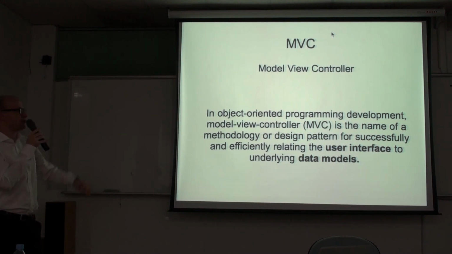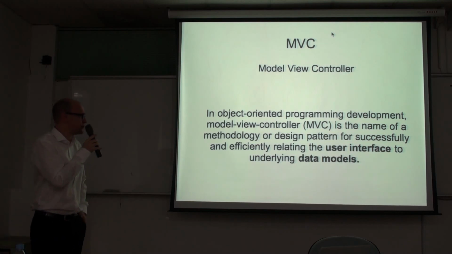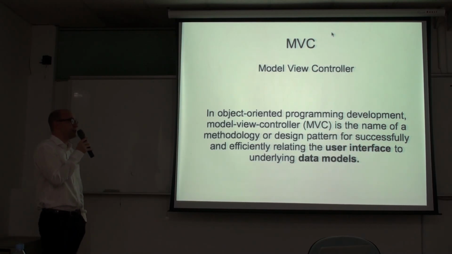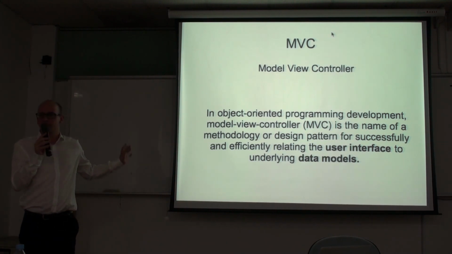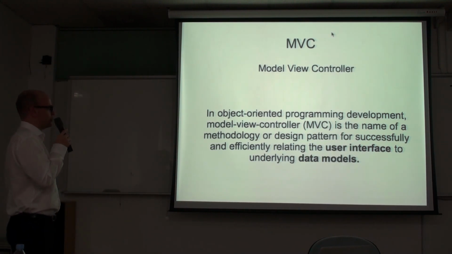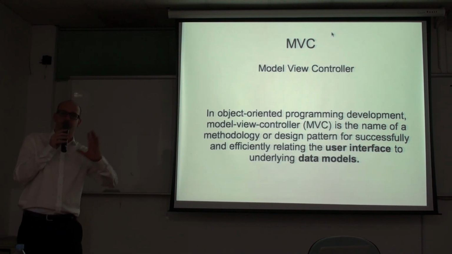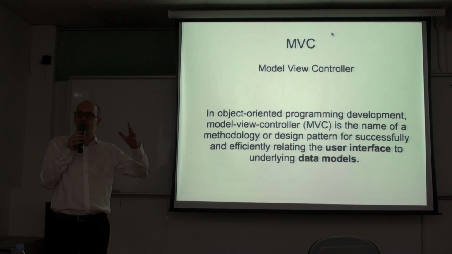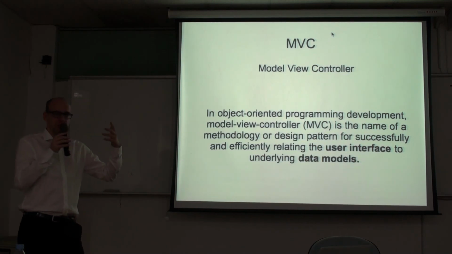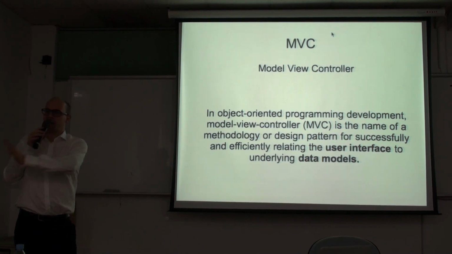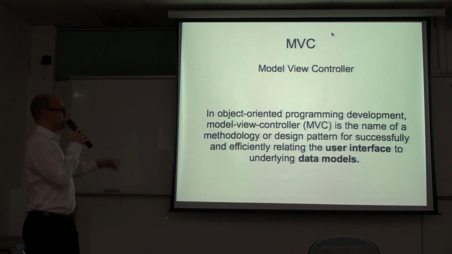In object-oriented programming development, model view controller is the name of a methodology or design pattern for successfully and efficiently relating the user interface to the underlying data models. Well, it's a lot of words, but basically what it means is you separate the front end, all the design stuff and CSS, HTML, from the back end. That's basically what it means.